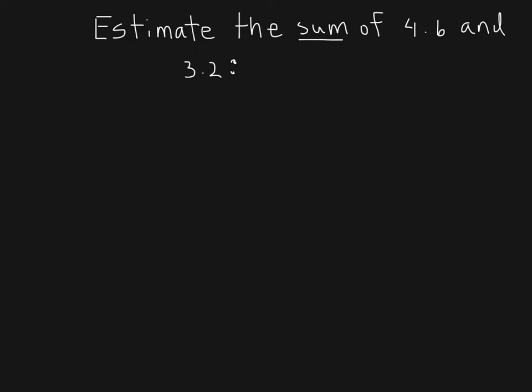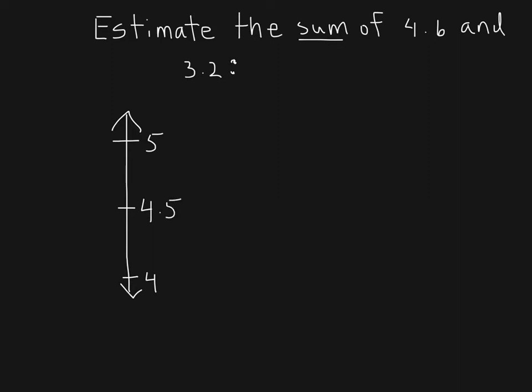Okay, let's round 4.6 first, and I know that 4.6, or 4 6/10, is between 4 and 5. And halfway between 4 and 5 is going to be 4 5/10.